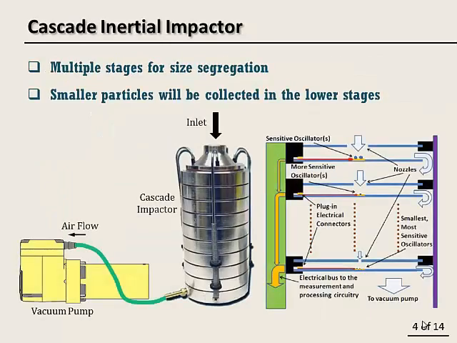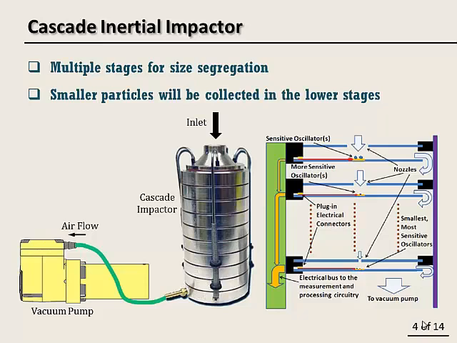On the other hand, there are cascade inertial impactors on the market that are capable of monitoring air samples down to a few nanometers. This system consists of several stages, and each stage consists of one or multiple orifices and an impaction substrate.